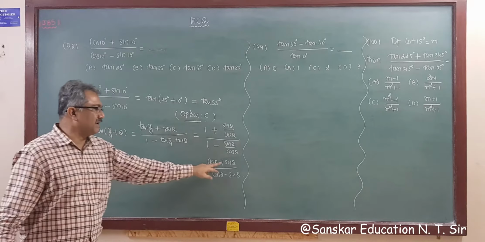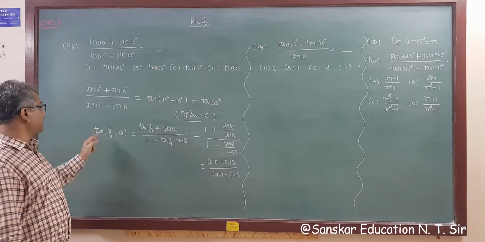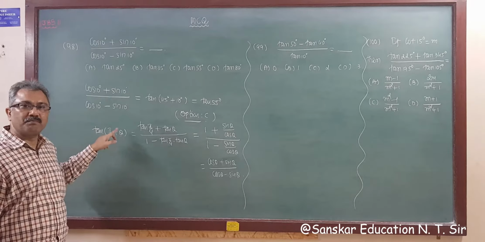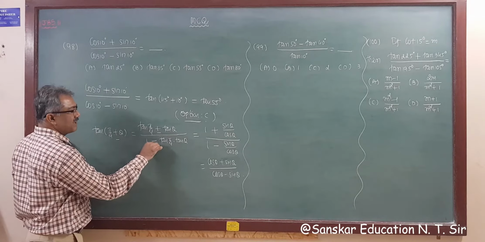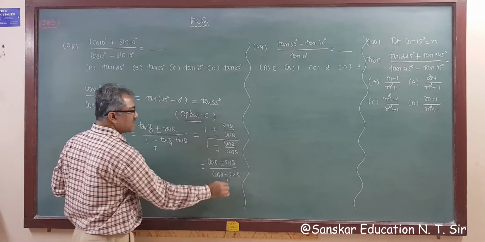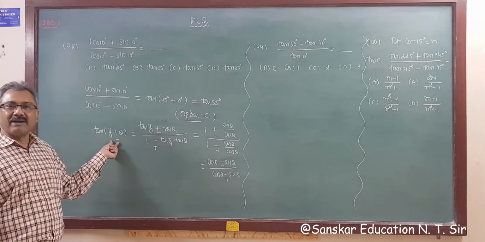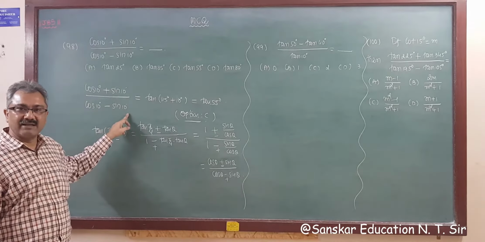So if there is a plus in the numerator, then your formula is tan(pi by 4 plus theta). If here is minus, then this is minus, this becomes plus. Then your formula is tan(pi by 4 minus theta) if it is cos plus sin upon cos minus sin.